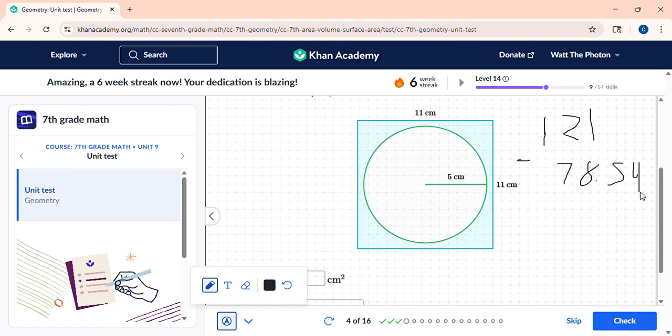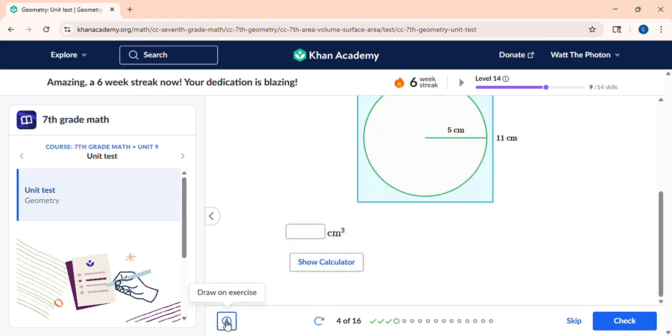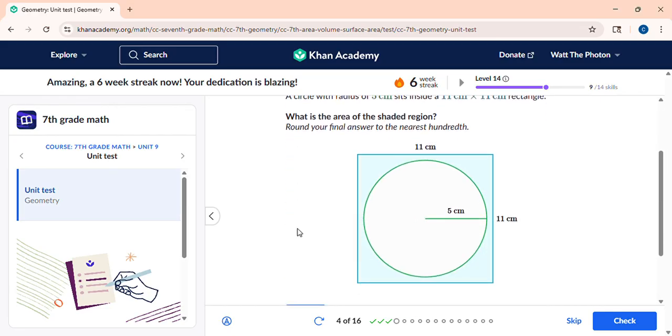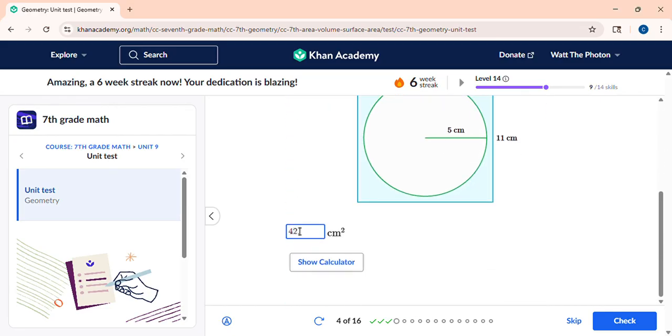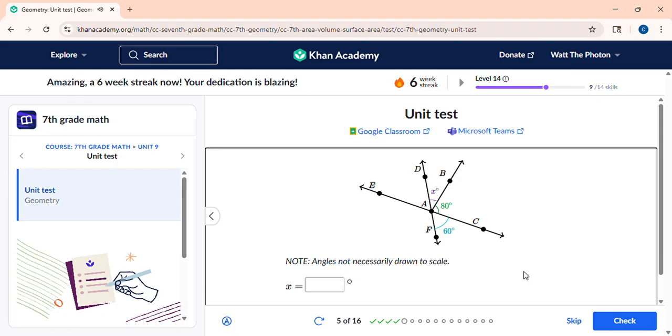You have 121 minus that, which is going to give us about 42.46. There you go.